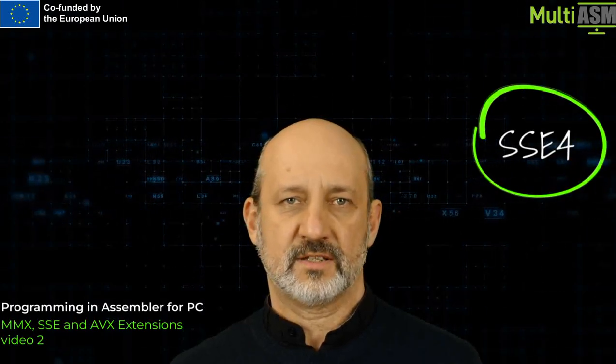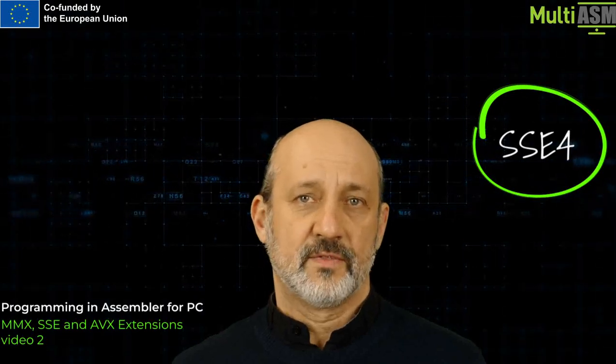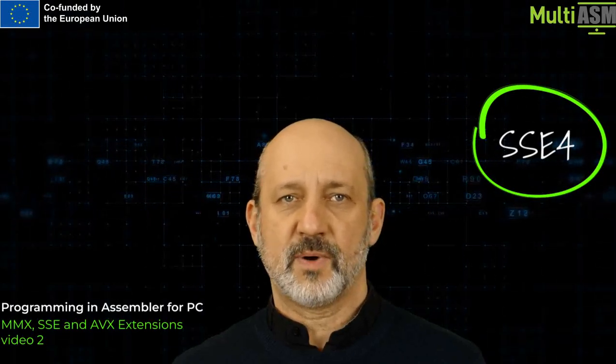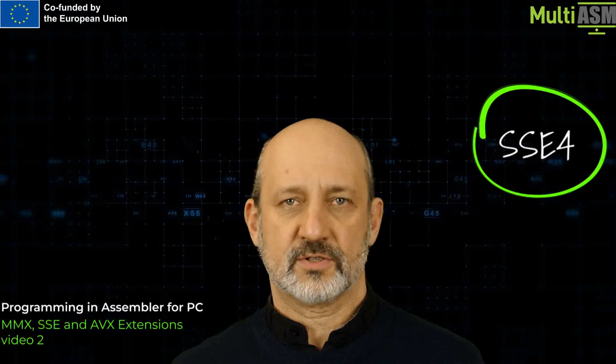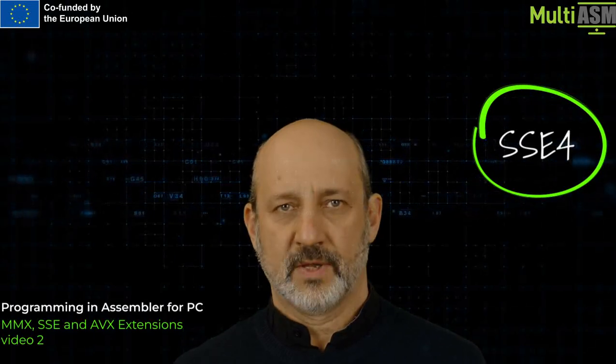SSE4 is composed of SSE4.1 and SSE4.2. These groups include instructions supplementing previous extensions. For example, there are 8 instructions which expand support for packed integer minimum and maximum determination, or 12 instructions which improve packed integer format conversions with sign extension and zero extension.